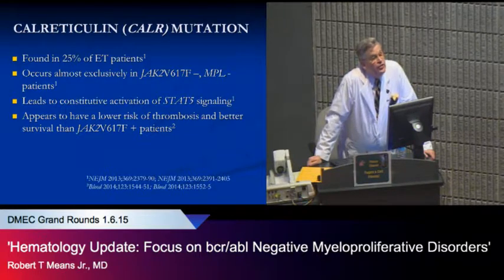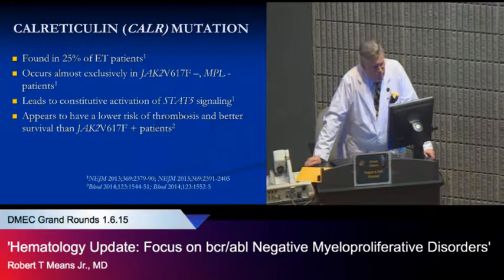Now, when I initially wrote this presentation a few months ago, it said it occurs exclusively in JAK2 negative people, but there actually are some cases of it occurring in JAK2 positive patients. Exactly what that means, whether that's just an epiphenomenon or some kind of a fluke, is not yet clear.